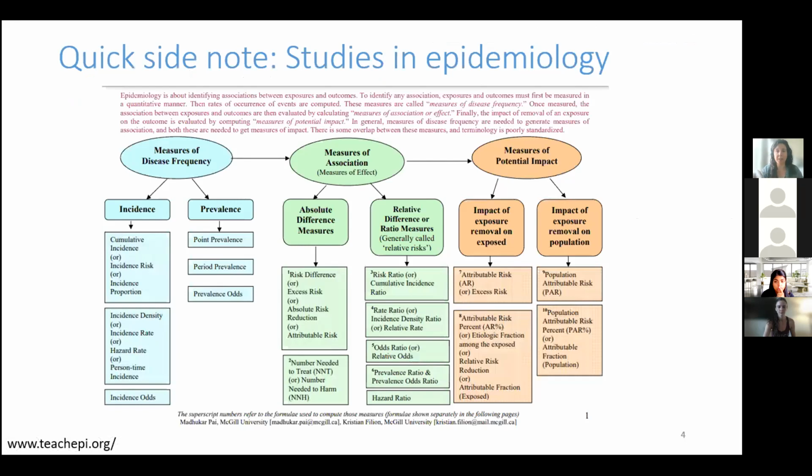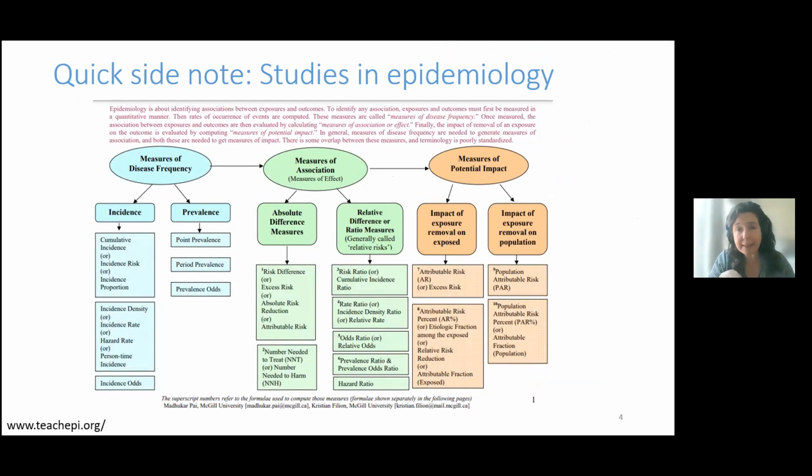And then I also wanted to give a quick shout out to EPI studies because I really haven't touched on those. The presentation I gave was much more focused on evaluation designs, but there's lots of different designs in epidemiology, basically looking at measuring exposures and outcomes and sometimes the relationships between those.